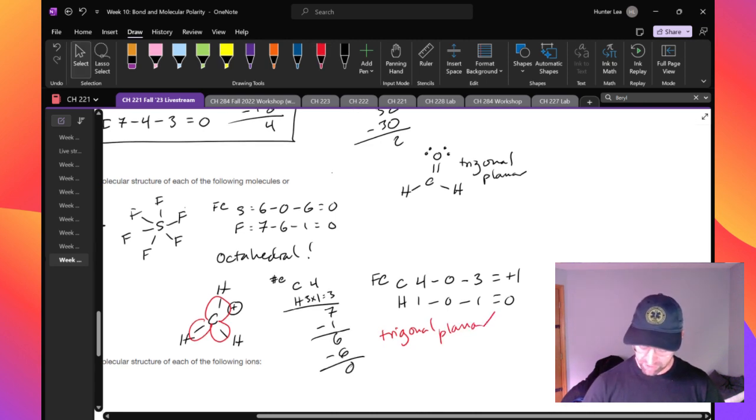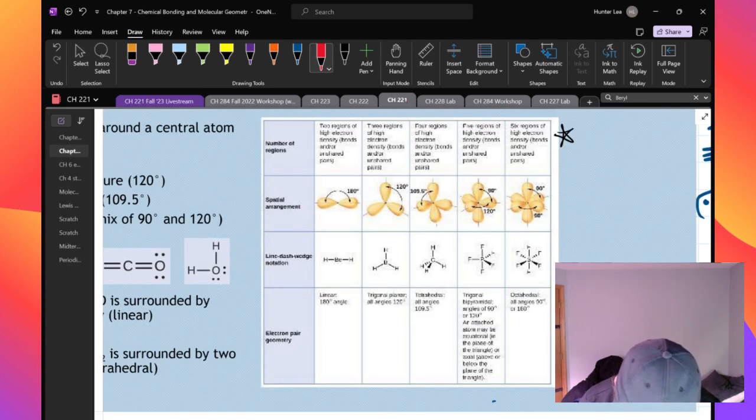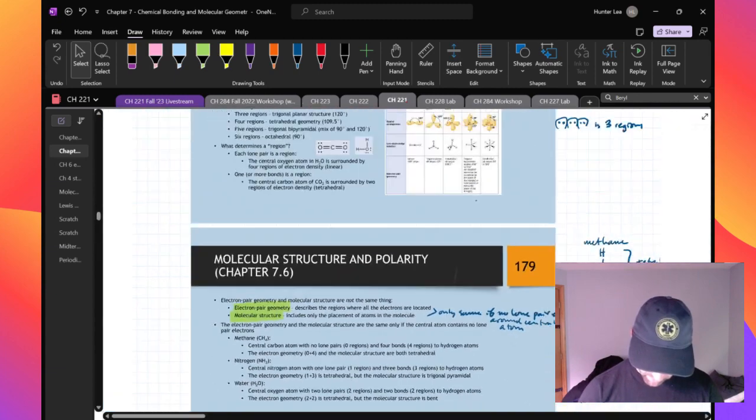I'm pretty sure this is a trigonal planar molecule, but let's open up my notes to find out. We have three regions of electron density and no lone pairs. So trigonal planar, all angles are 120 degrees.